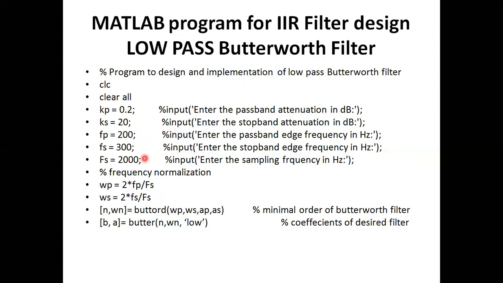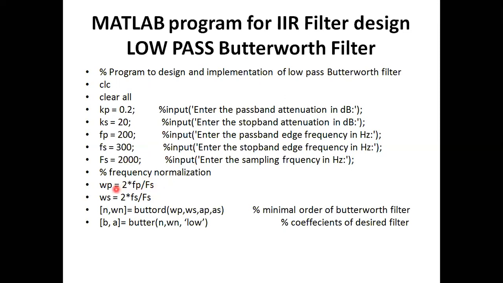Now these frequencies are in hertz. These frequencies you need to normalize. So let's say the normalized frequency of passband is your omega p, that is equal to fp, this passband frequency, divided by, you need to normalize with respect to your Nyquist rate, that is fs by 2.